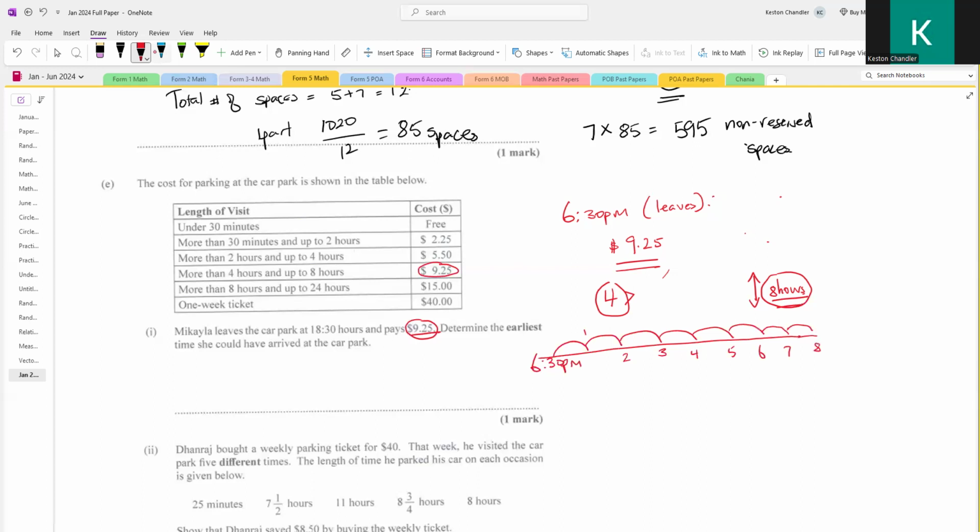So let's check that. 1 hour before 6:30 is 5:30, then 4:30, then 3:30, then 2:30, 1:30, then 12:30 p.m., then 11:30 a.m., and then 10:30. So the earliest time she could have arrived at the car park would have been 10:30 a.m.